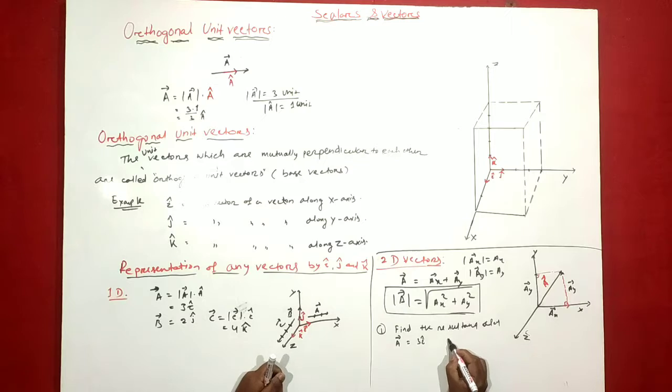Find the resultant of A, 3 I cap, and B, 4 J cap. Let this resultant be R.